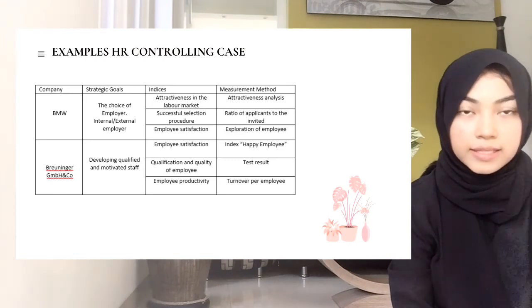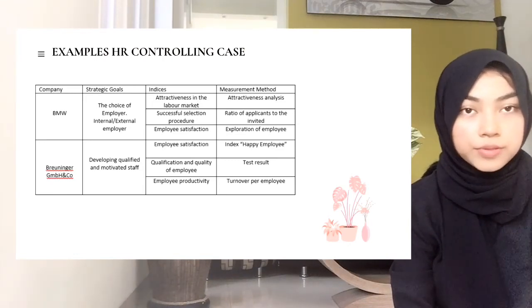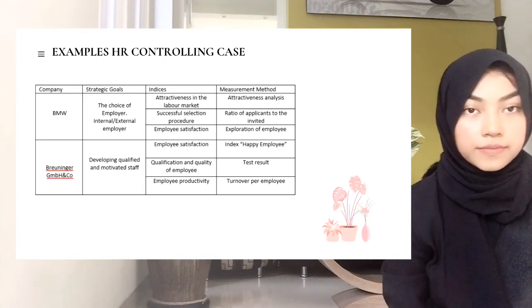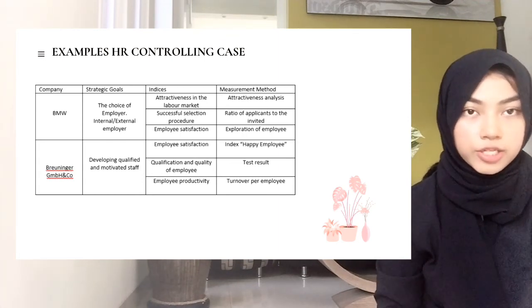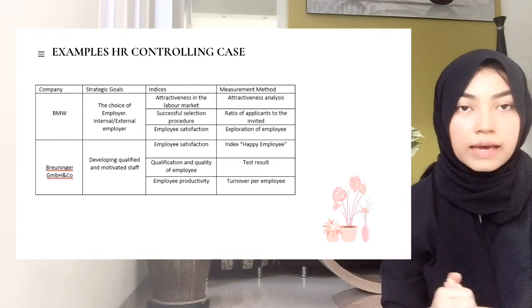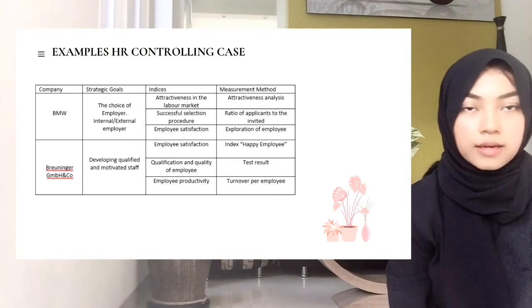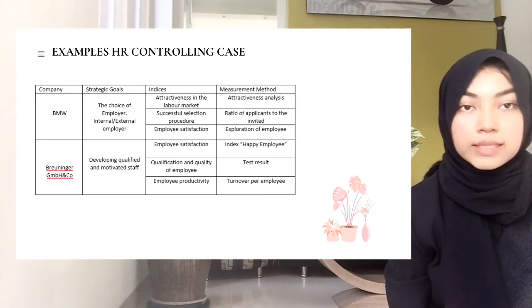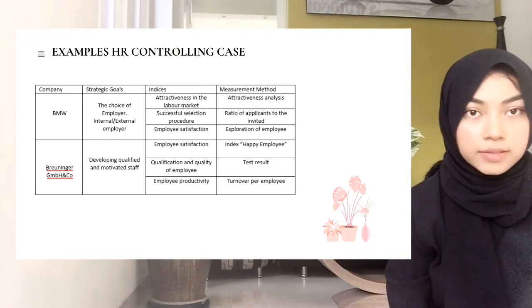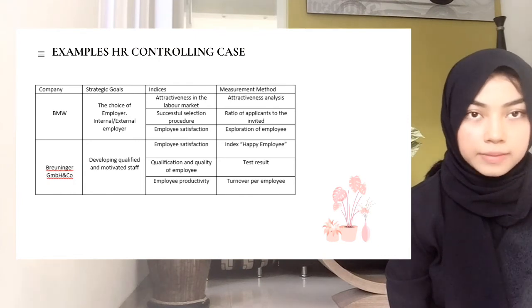The indices of BMW are attractiveness in the labor market, successful selection procedure, and employee satisfaction. Okay, and next is the measurement method of BMW. BMW uses attractiveness analysis, ratio of applicants to invitations, and exploration of employees.